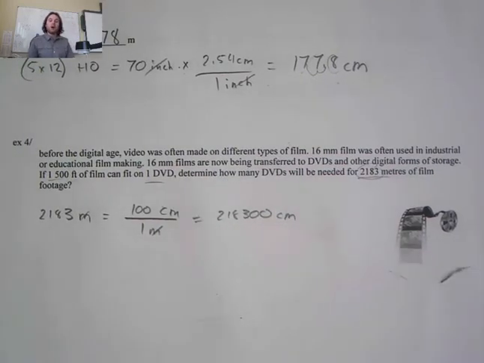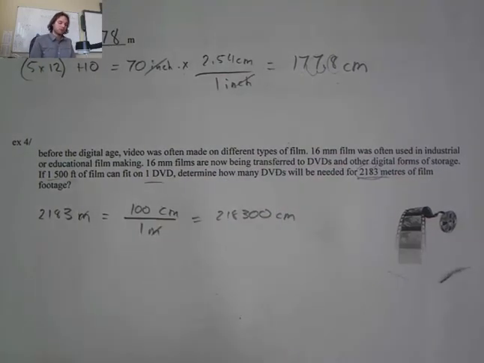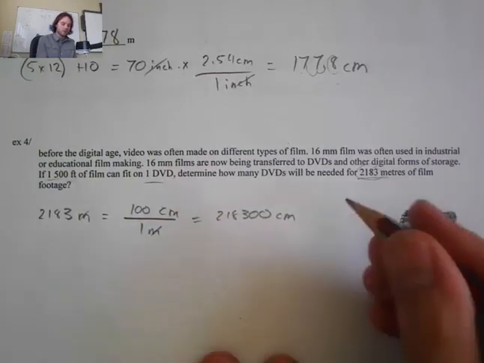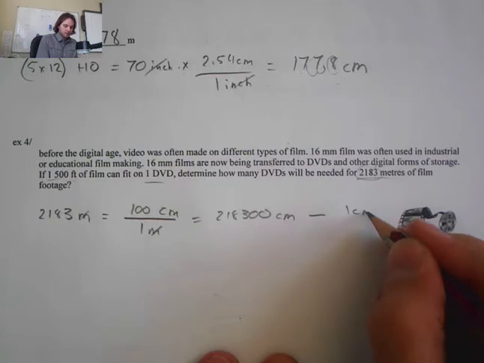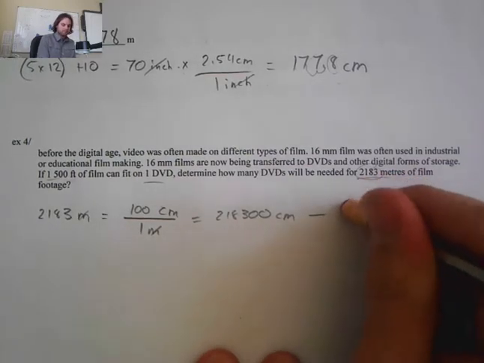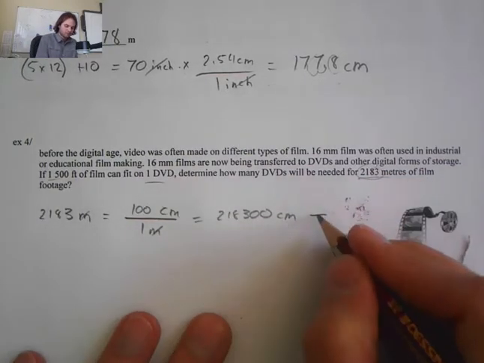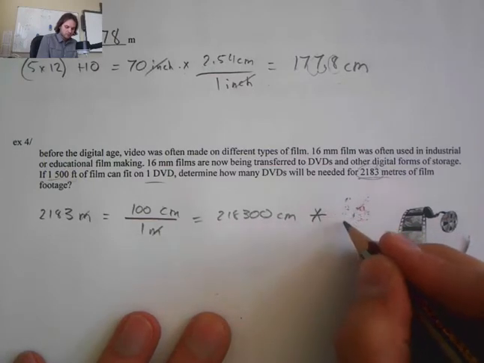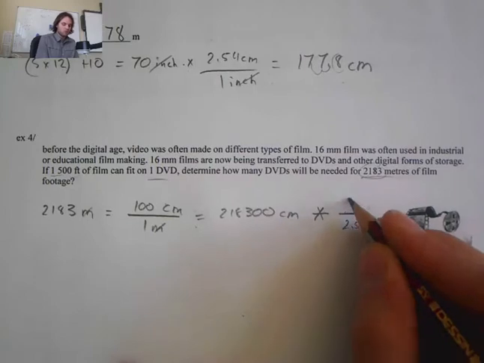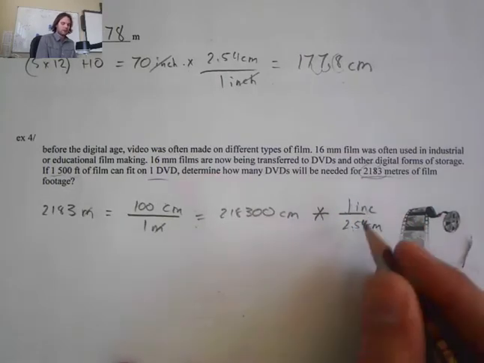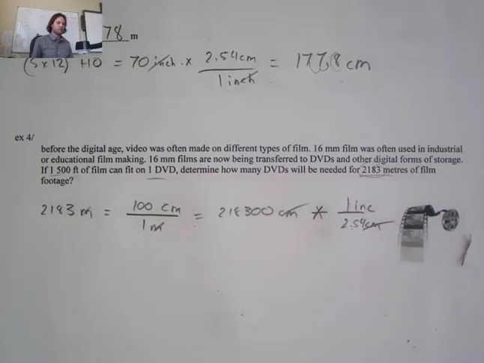Okay? Now I can convert this to inches, right? And then from inches I'm going to go to feet. Well, we know 2.54 centimeters is equal to 1 inch. Okay, so now the centimeters cancel off.